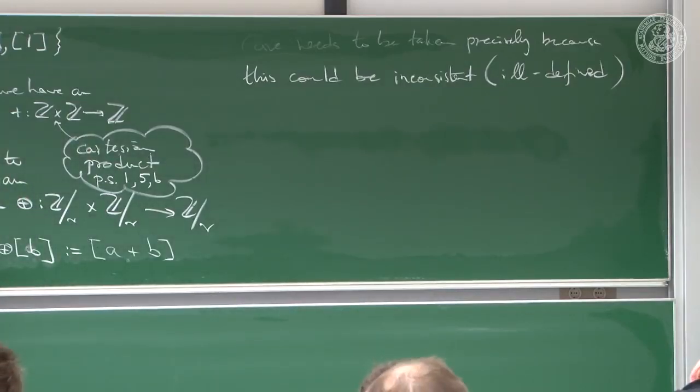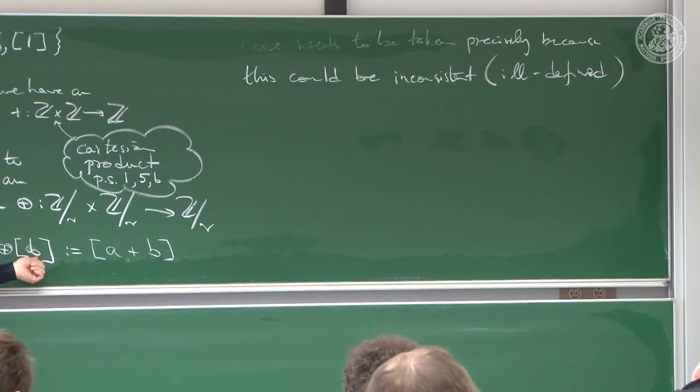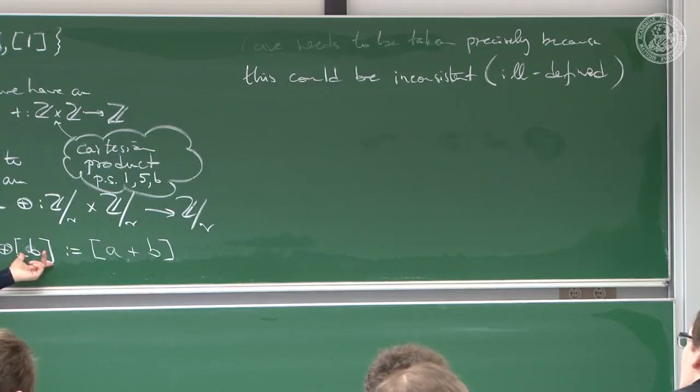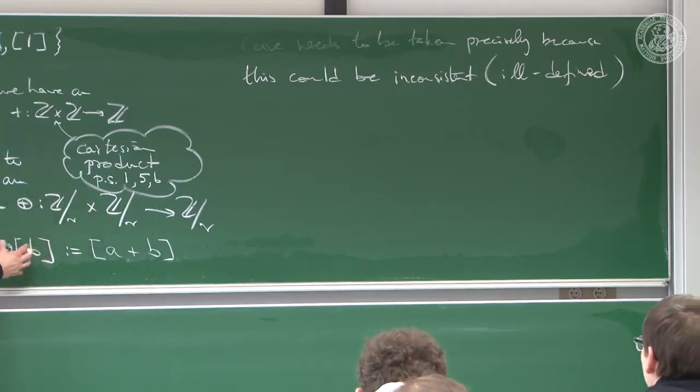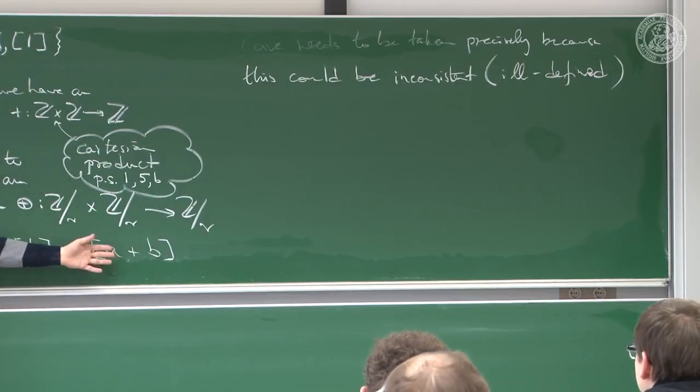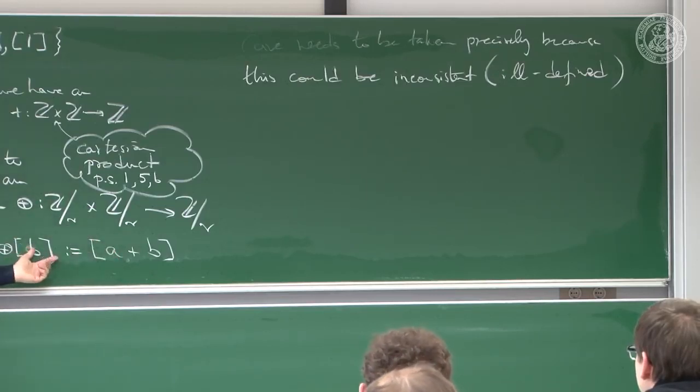Imagine you take a different representative for the same class here, a representative A prime, such that it's the same class. And you take a different representative B prime, such that the class of B prime is the same class as B. Then if this addition acts on the quotient set, it should yield the same result, because you use the same classes. You just chose to represent them differently.